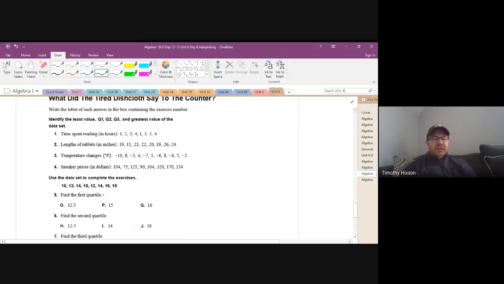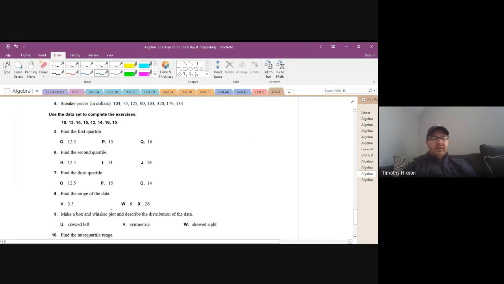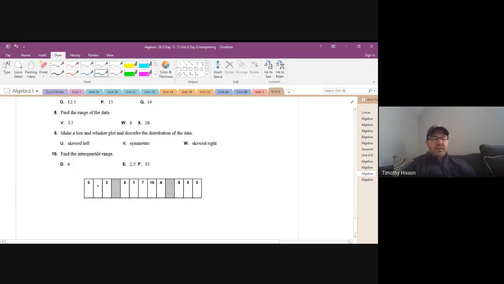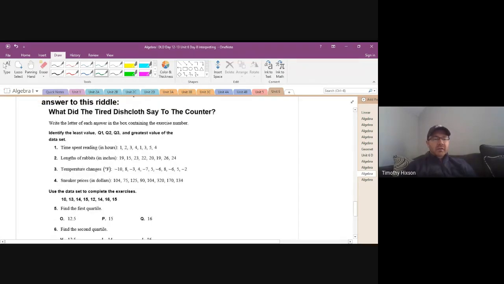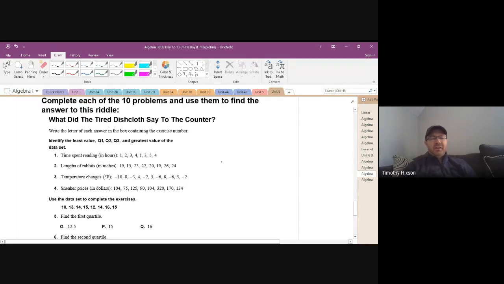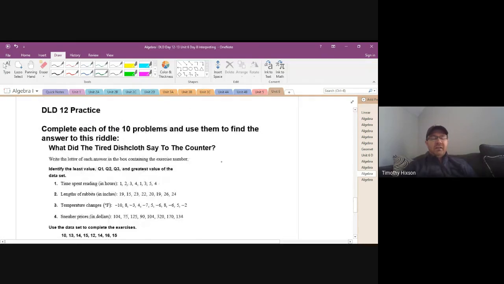All right, so you can identify the correct answer and then put the letters together to solve the riddle of what the tired dishcloth said to the counter. All right, so hopefully that'll be something to mix it up a little bit. You can practice with this and really master working with skewed box plots. Okay, have fun.